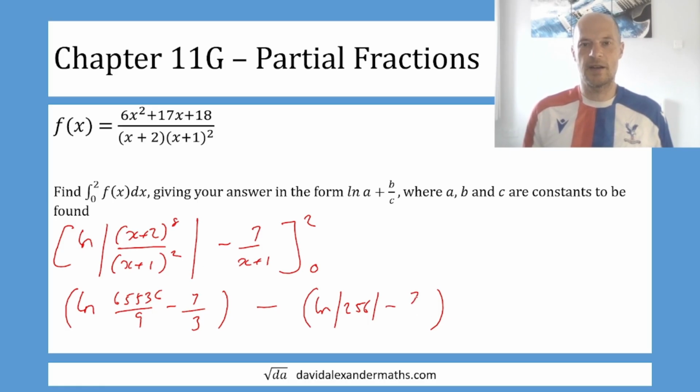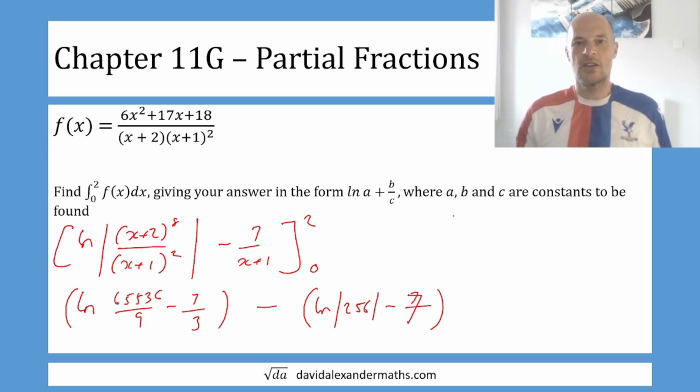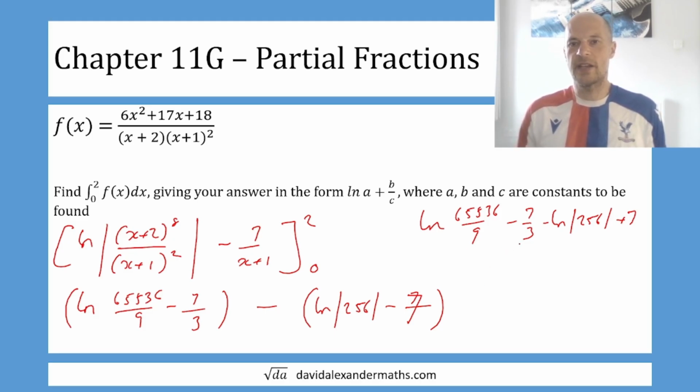So what we've got is ln of 65536 over 9, take away 7 thirds, minus ln of 256 plus 7. Okay, so minus 7 thirds plus 7, that is 14 over 3.